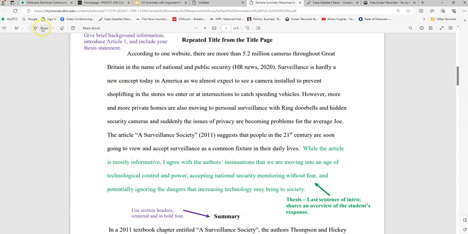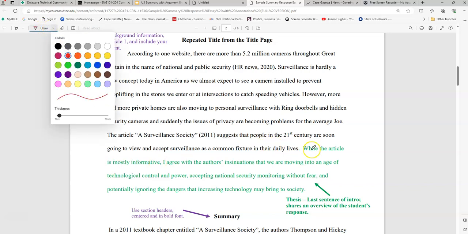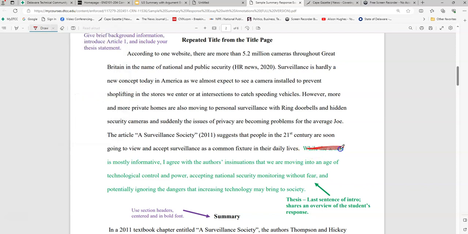So if I was writing this thesis, I'm going to go ahead and annotate this a little bit. I would actually not start with the author's purpose, because I know I'm going to put that in my summary. I would begin with the first person point of view, the I statement, because keep in mind, a response is your point of view.